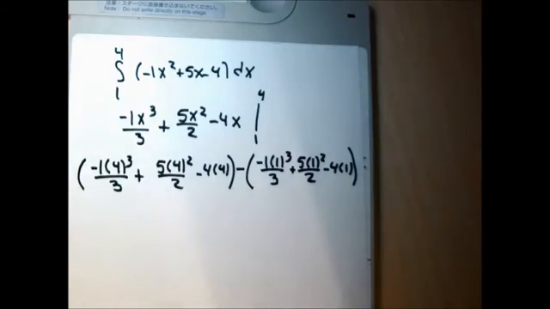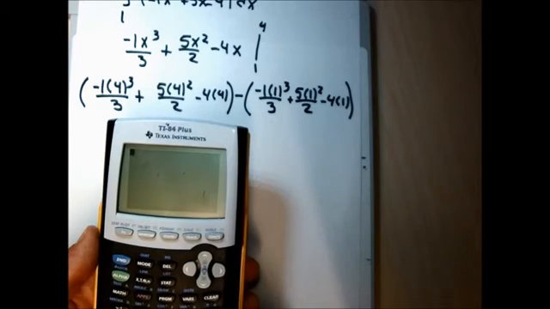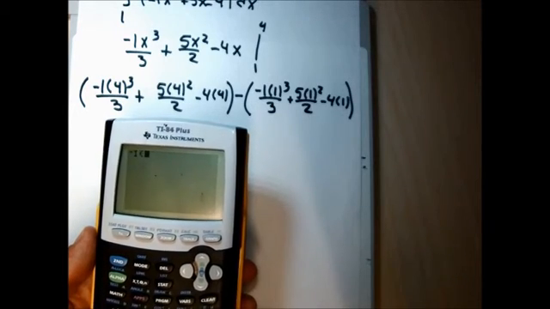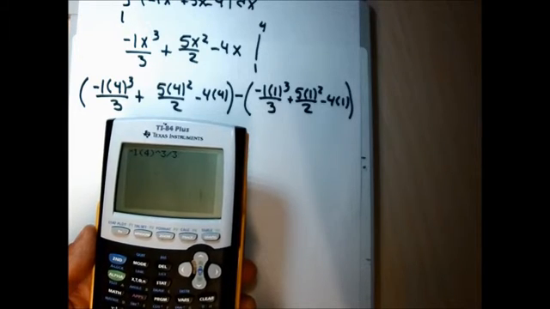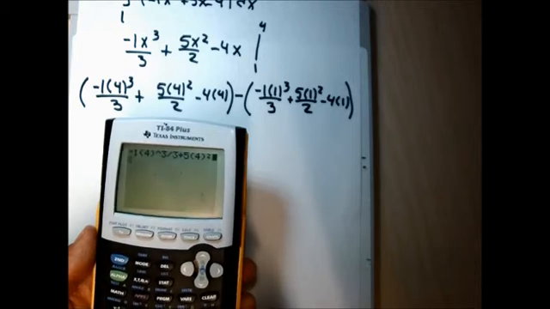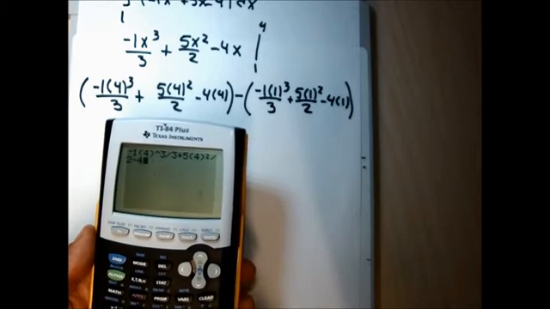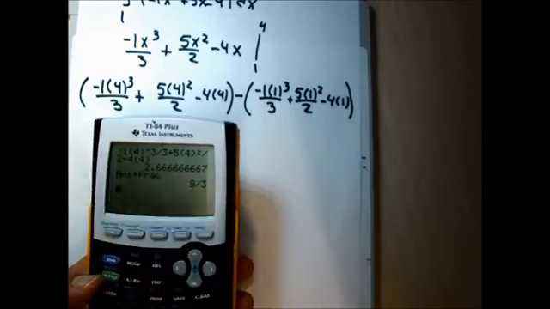Calculator time. Main screen calculator, so second quit. So negative 1 times 4 cubed divided by 3 plus 5 times 4 squared divided by 2 minus 4 times 4. Math, enter, enter. That's 8 over 3.